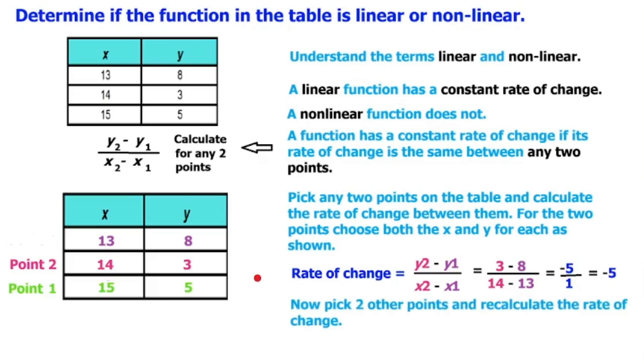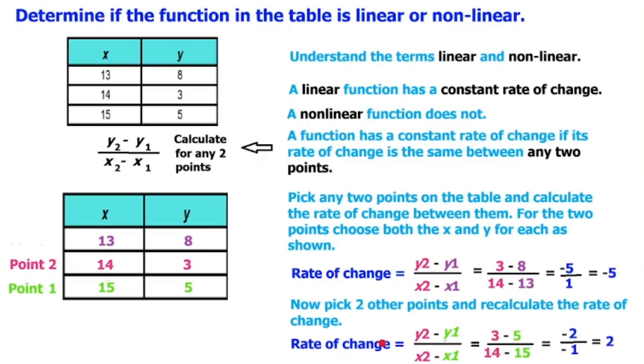Let's pick these 2 points now. Let's make this point 1 and then this is point 2. So we're going to use that equation again and calculate it with these points. So y2 is still 3, y1 is 5, x2 is still 14, but x1 is now 15, okay?